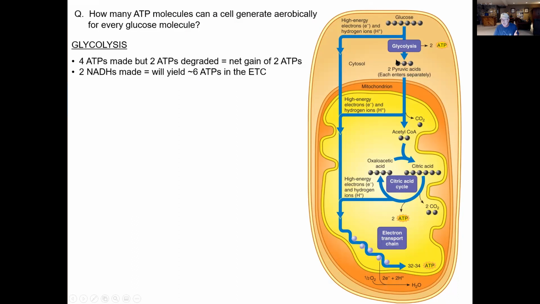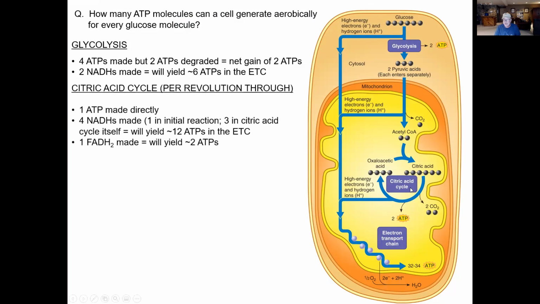And then those 2 pyruvic acids each enter separately into the citric acid cycle. And what do we make in citric acid? Well, for every revolution for each individual pyruvic acid, here's what's made. 1 ATP directly, 4 NADHs. We're including again the 1 that was in the original reaction, plus we're adding it to the 3 in the actual cycle to give us a total of 4.